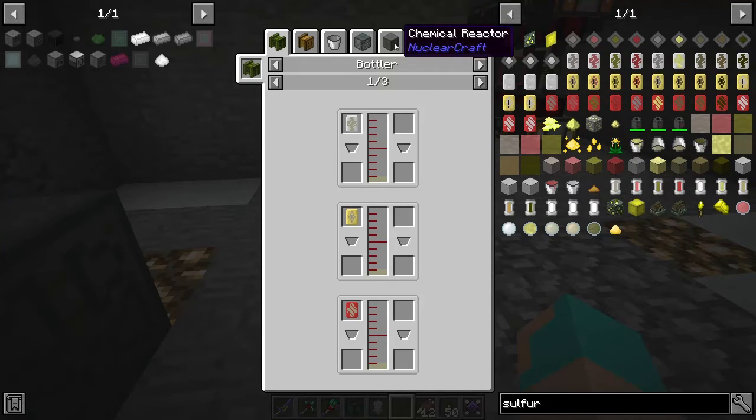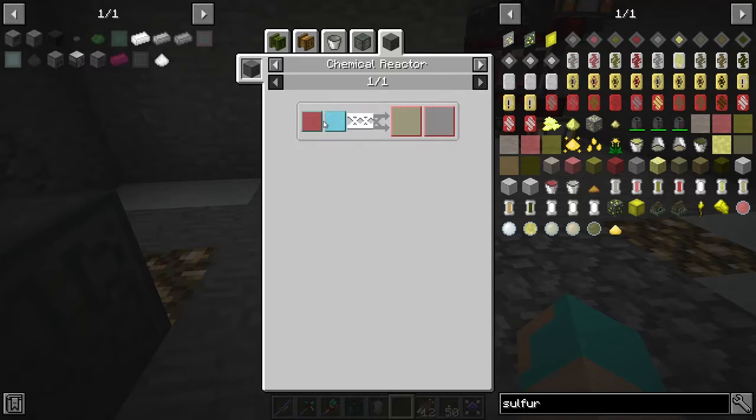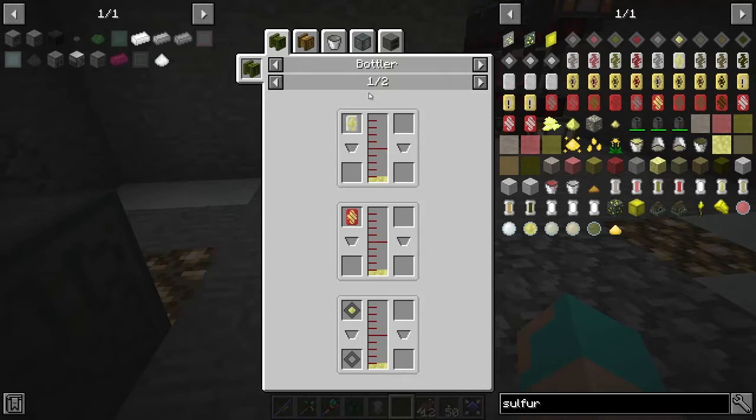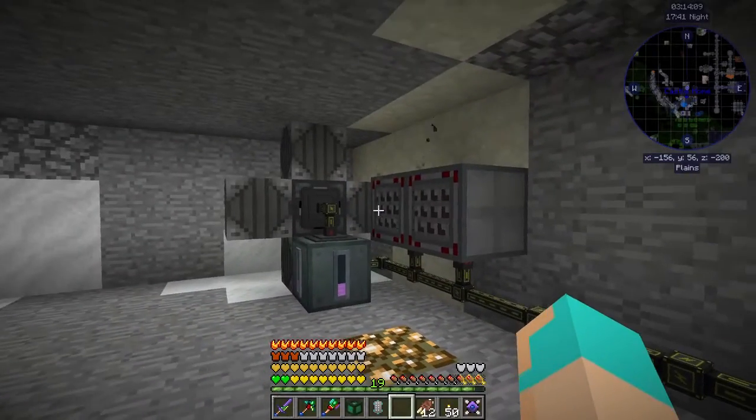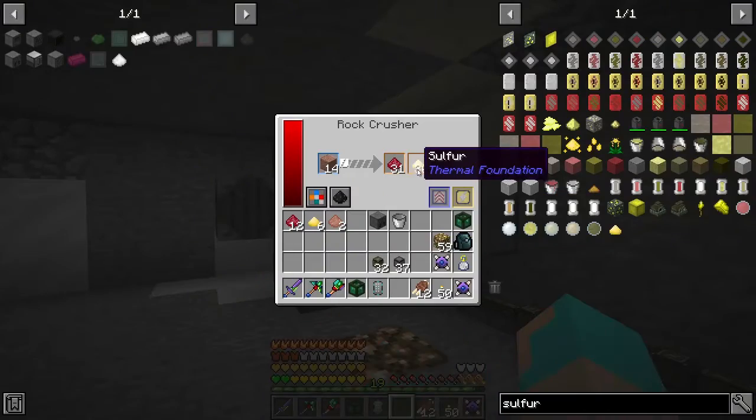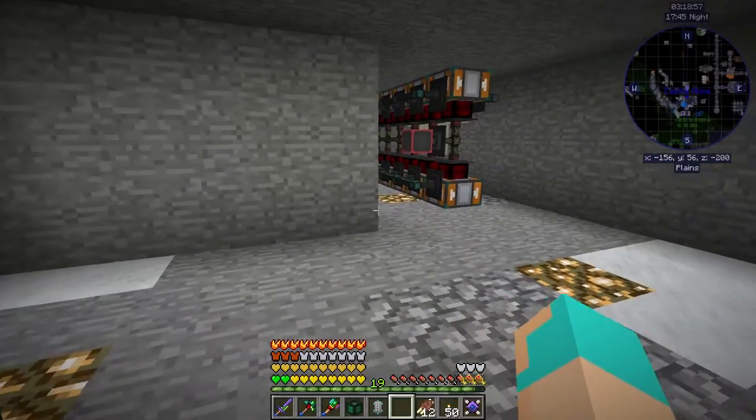Alright, so another chemical reactor with oxygen and sulfur. Okay, so we do need to go the molten sulfur route, which is in a melter. Sulfur in a melter. The cool thing is we're getting sulfur from here. So we need a melter.